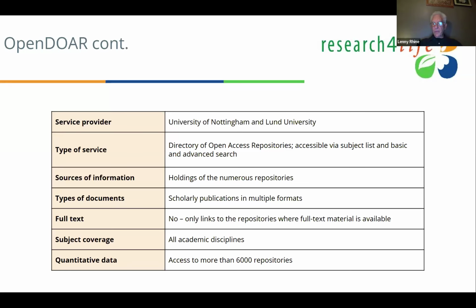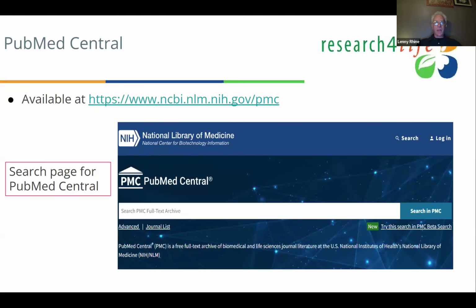Okay, so next one, PubMed Central. This is the one where institutions that get funding from the U.S. government must put a final copy of the paper in this database. It looks like regular PubMed, but it covers more science-related disciplines than just health.